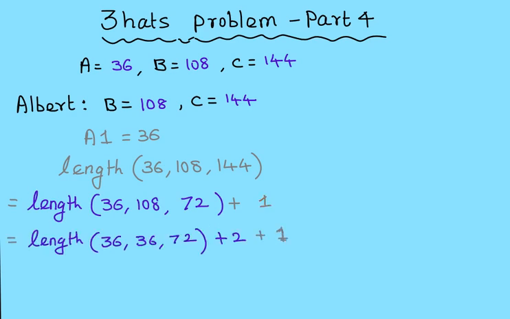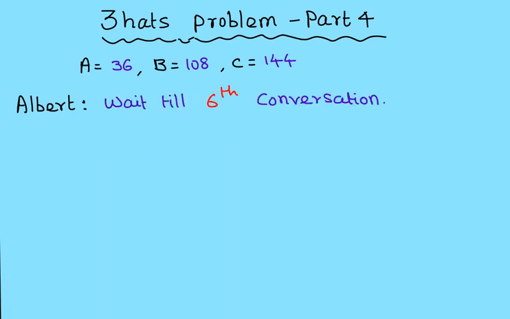We get this. So finally we have come to the base case. Length of 36, 72 is 3 since A is equal to B. So the value is 6. This detailed calculation is to show how easy it is to do. So Albert's strategy now is to wait till the 6th conversation.